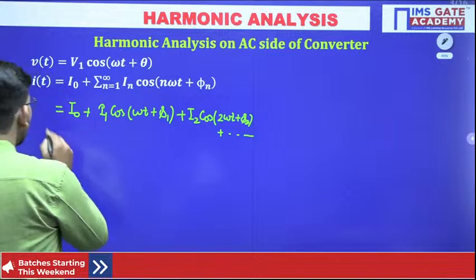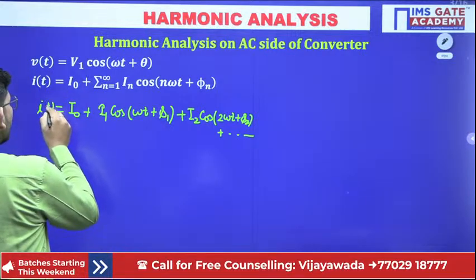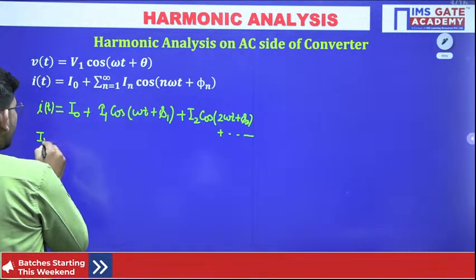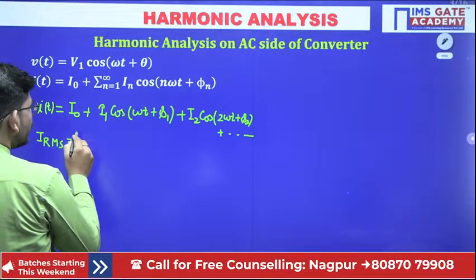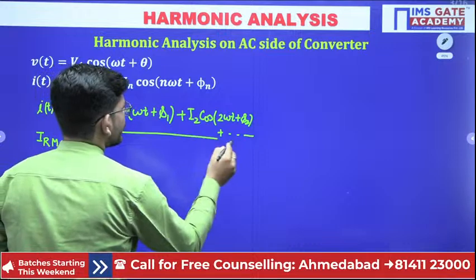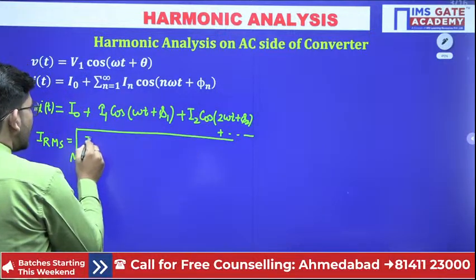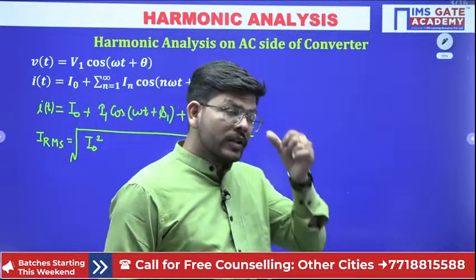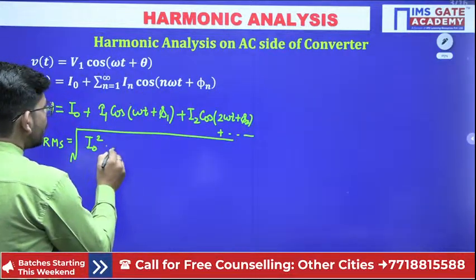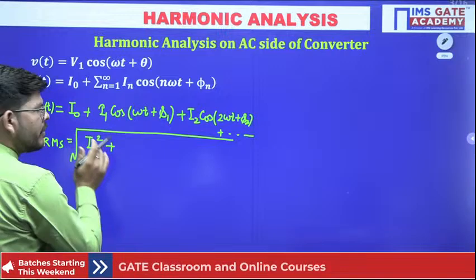Now if I want to calculate the RMS value of this current, it will be equal to I naught square, where I naught is the DC term present, plus the RMS value of the fundamental component.